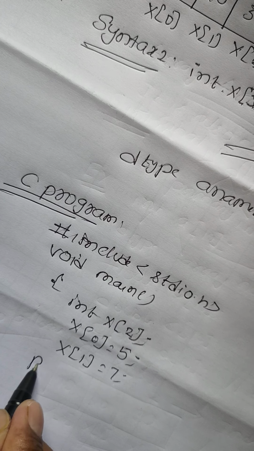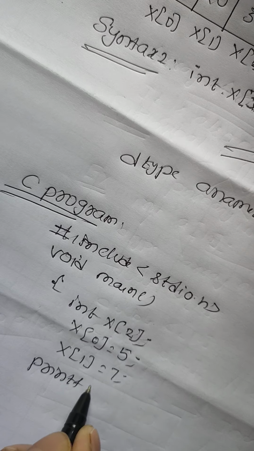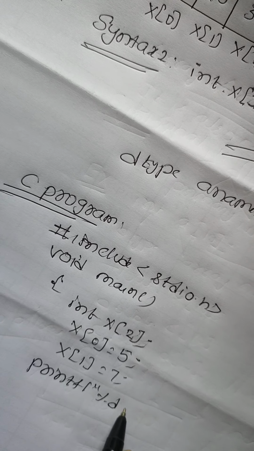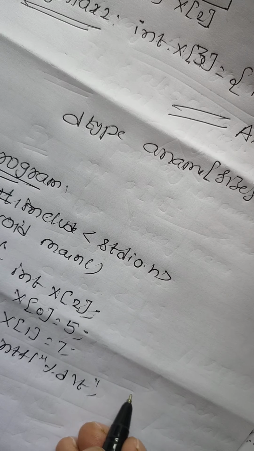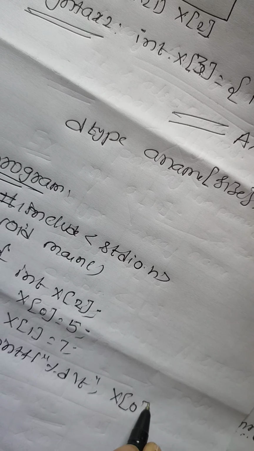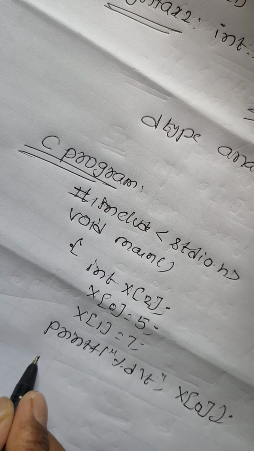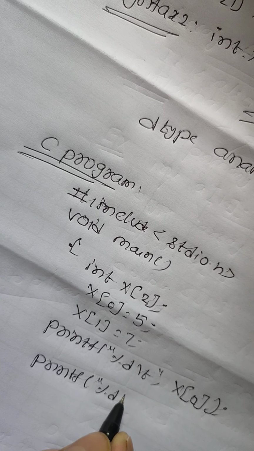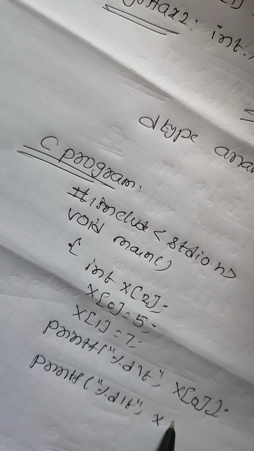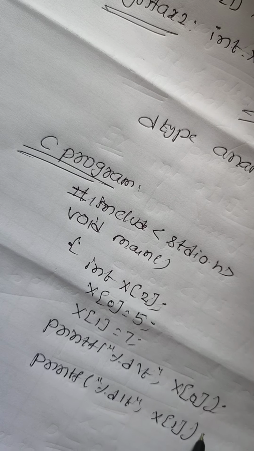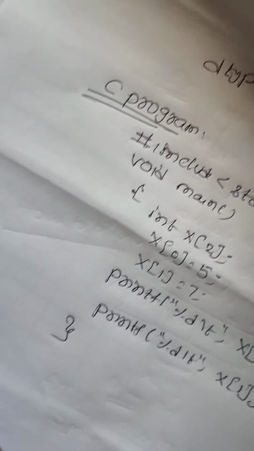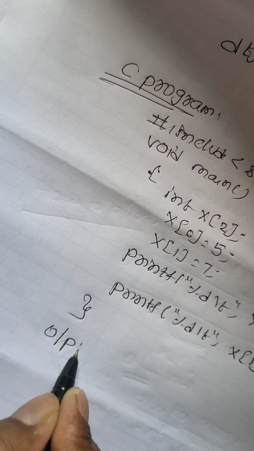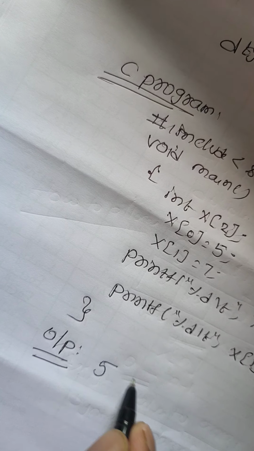Then I am printing both values: printf %d \t, and after that x of 0, then printf %d \t x of 1. Then I am closing it. Then what will we get in the output? The simple output is 5 7.